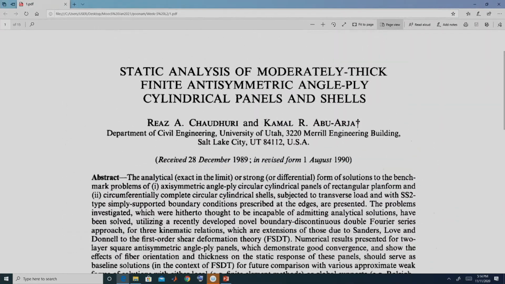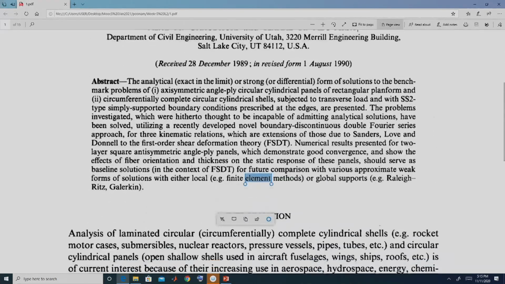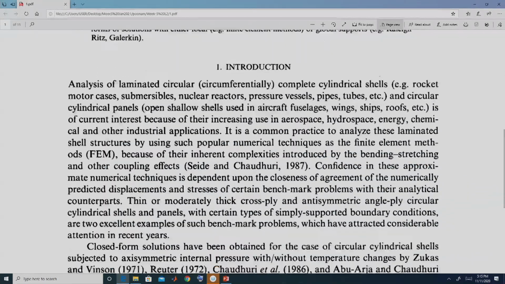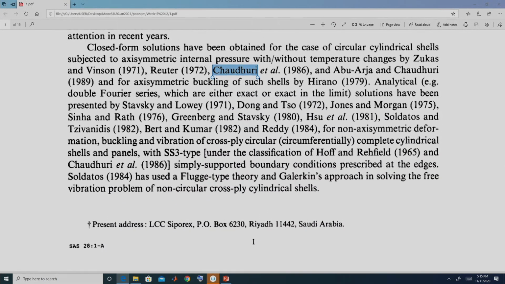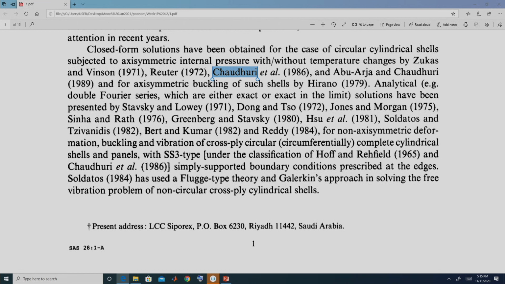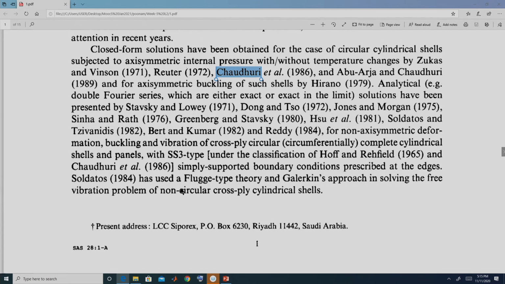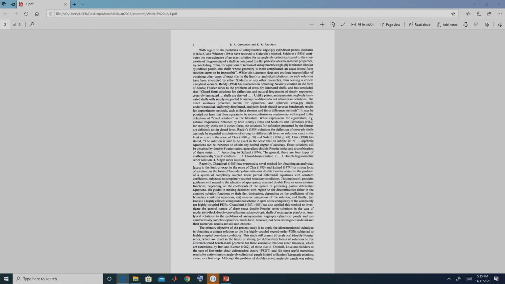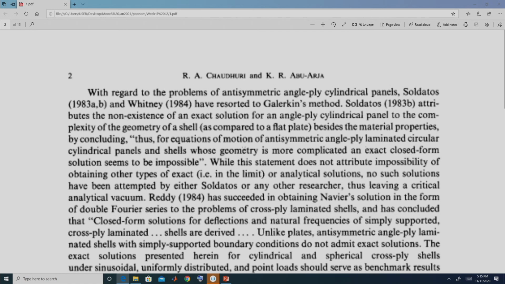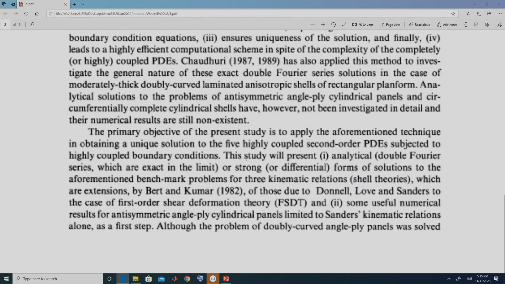That has come in 1989, 1991 generally. In this paper a cylindrical shell is studied with a simply supported boundary condition. It is clearly written that they have used the Flugge type shell theory and Galerkin approach, and a literature survey is presented.